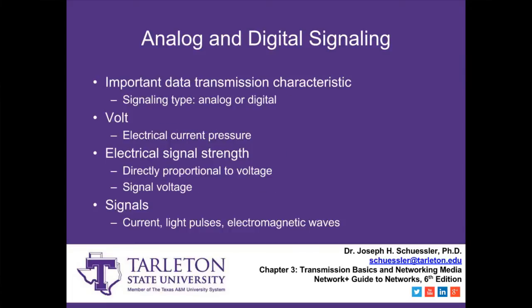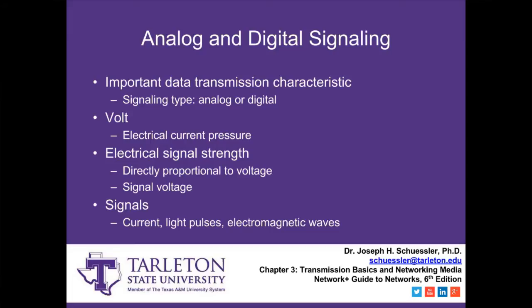So some of the issues related to analog and digital signaling that are important, things like whether or not it's an analog or digital signal. The signaling that is used for both is a little bit different, and so we'll talk about those in the next few slides. Some of the different characteristics that you need to be aware of before we get into this. The voltage, it's basically the pressure, if you will, or electrical pressure.